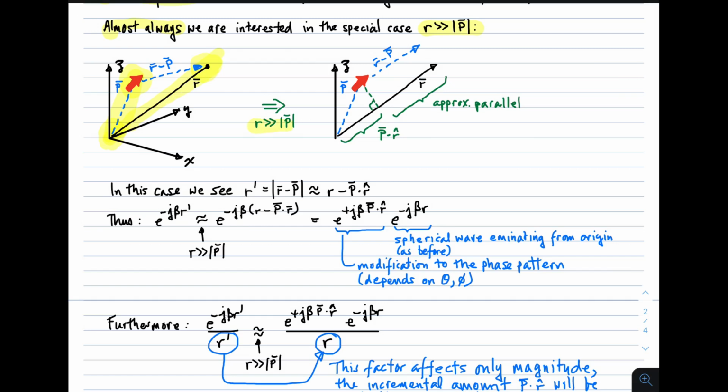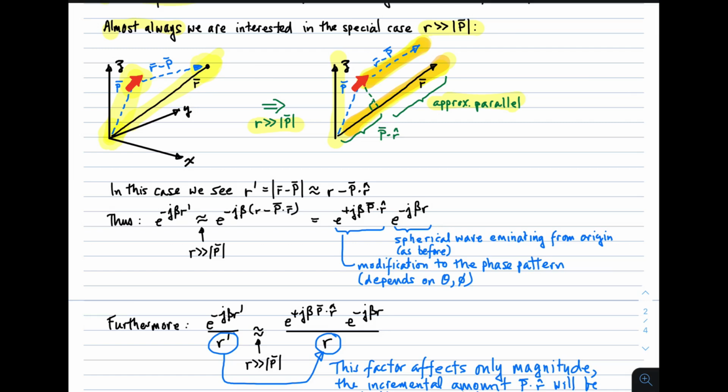And in this case, where the distance to the field point is much, much greater than any dimension measured within the antenna, then the scenario looks very much like what I've got here, where these two rays, that is the ray that points to the field point starting at the origin, and the ray that points to the field point starting at the source, are approximately parallel. As you extend the field point very far away, these two rays are going to be approximately parallel.